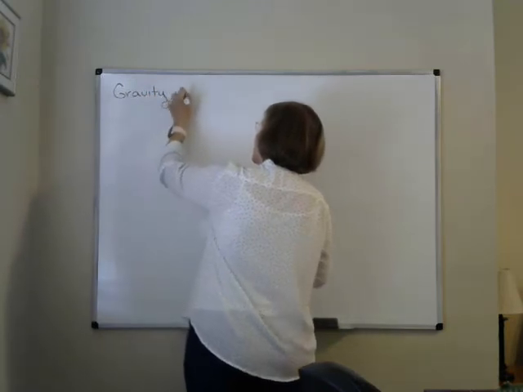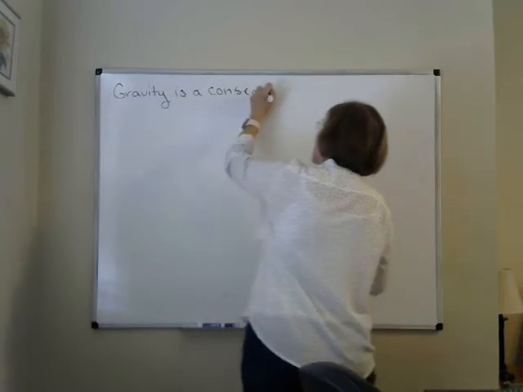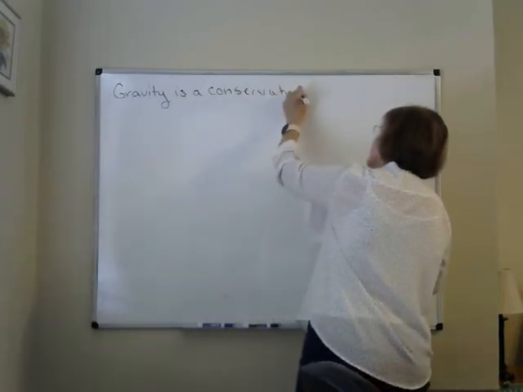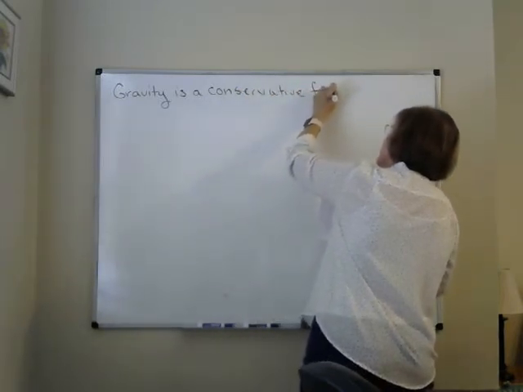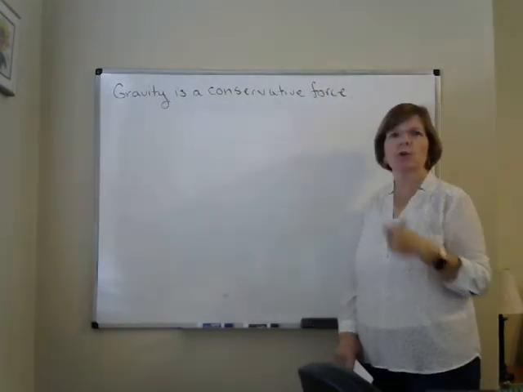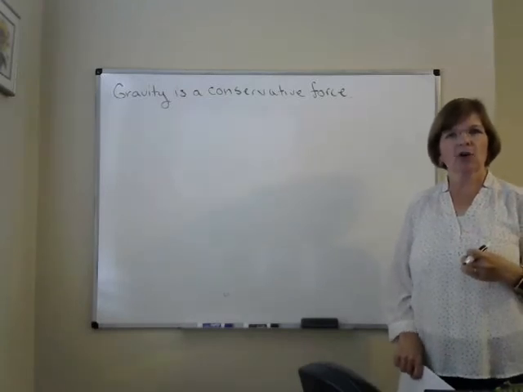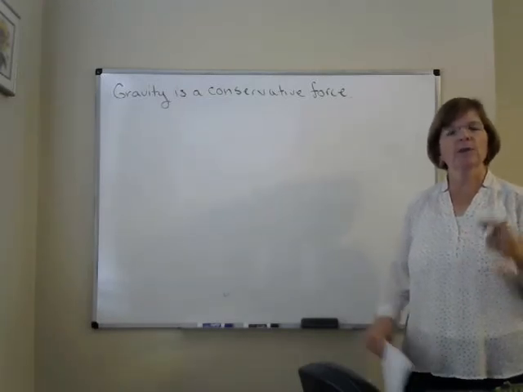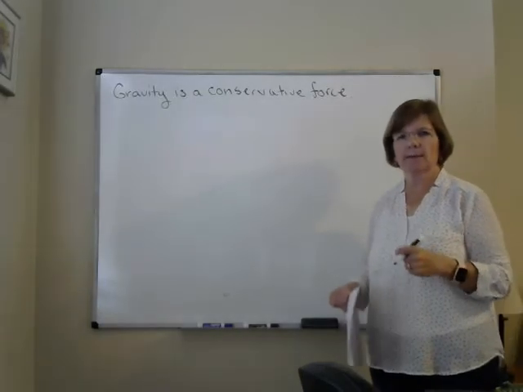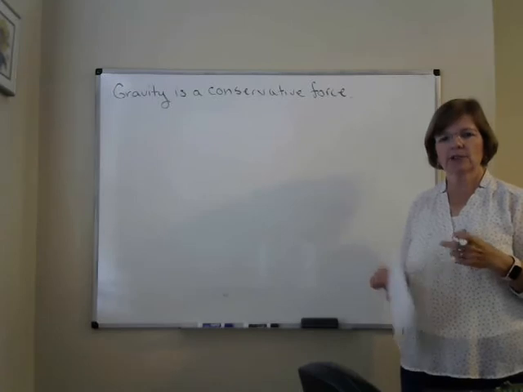Gravity is a conservative force. What that means is that if gravity does work on an object, no mechanical energy is lost. When gravity does work on something, since gravity is conservative, no mechanical energy is lost.